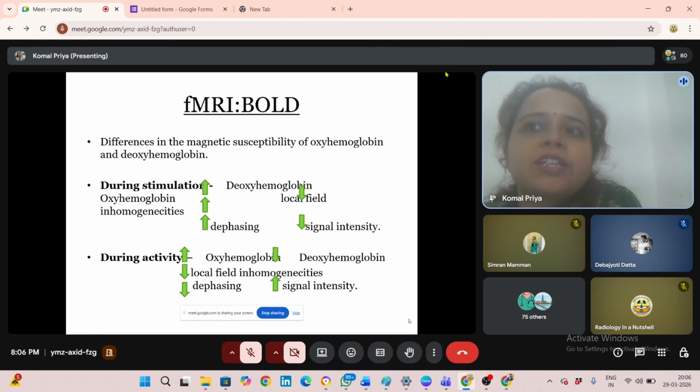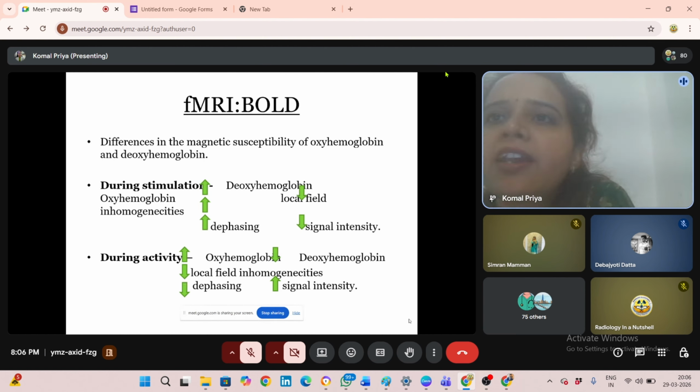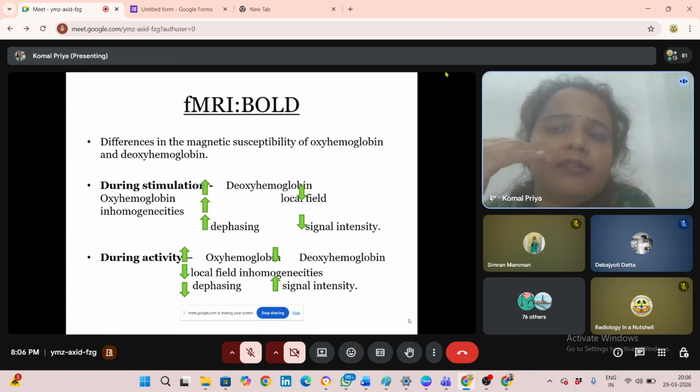Two sets of images are generated and subtracted, and functional imaging of the brain activity is measured according to the blood flow. As you are seeing here, during activity the blood flow to the cortex will increase, right?